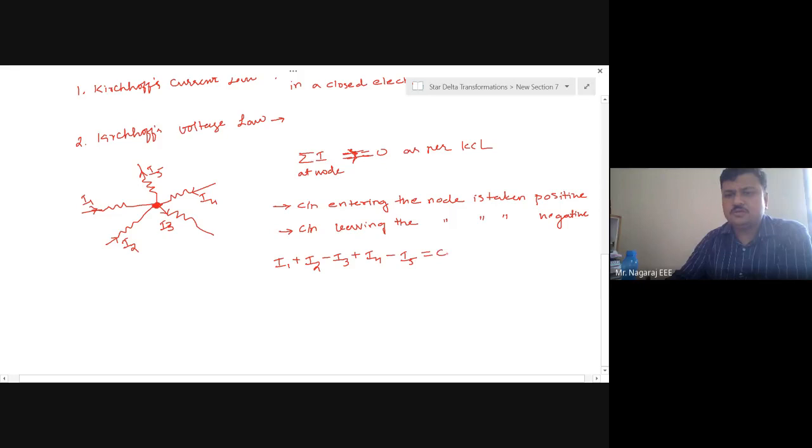Equals 0. This is as per KCL. Fine. Now, can I rearrange? Yes, sir. I1 plus I2 plus I4 is equal to, sorry, not I5.